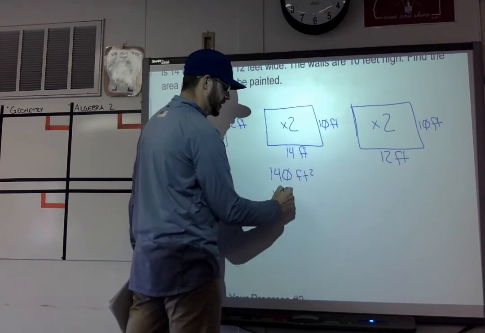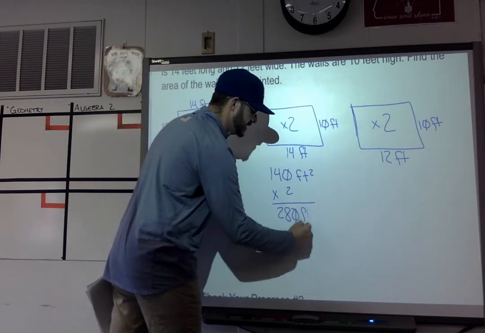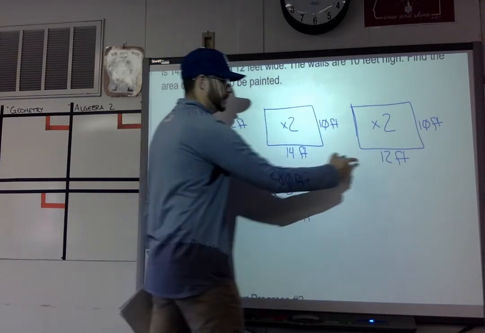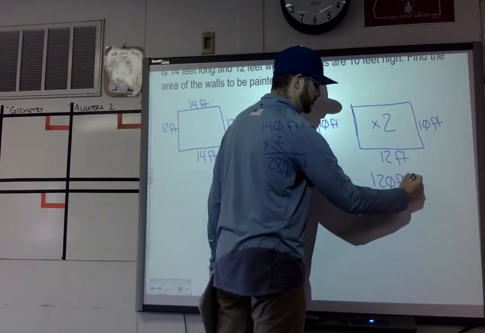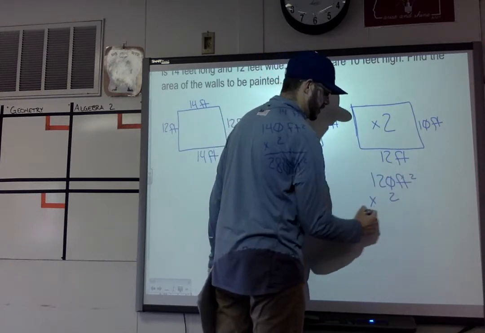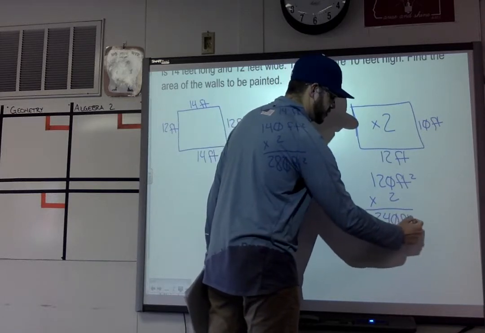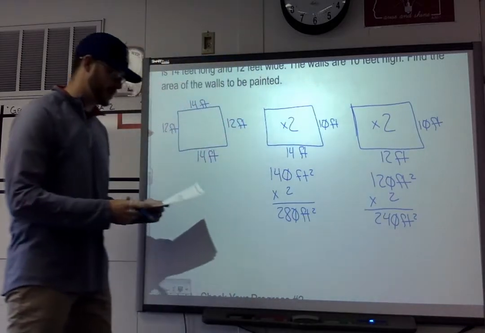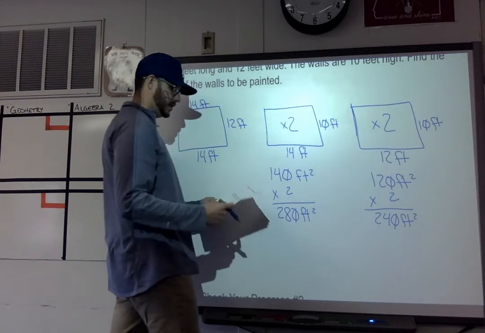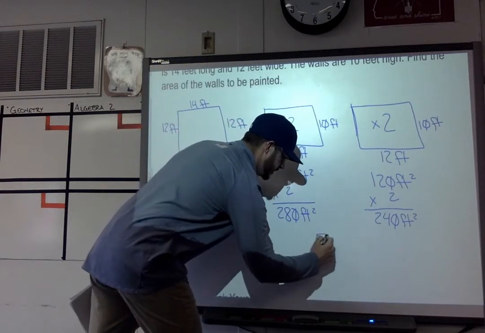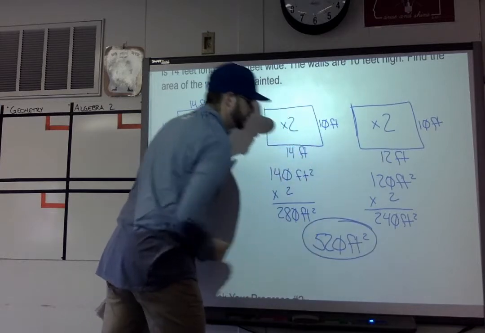And we know that we have two of those walls, so that would give us 280 feet squared. Then on this side, we've got 120 feet squared, and again, we have two of those walls, so 240 feet squared. Then we would need to add those two together, and we would get a total area that needs to be painted of 520 feet squared.